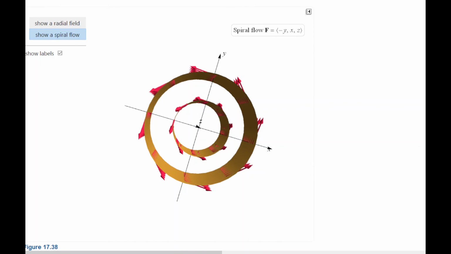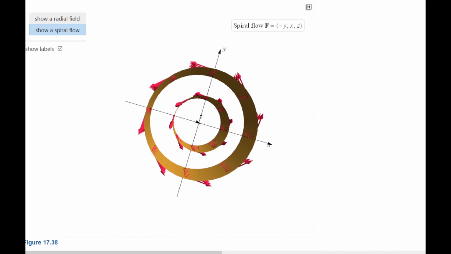The vectors were getting larger along the z-axis, and that contributed to the expansive effect. So divergence is a measure of expansiveness or expansion and contraction, sources and sinks, whereas curl is a measure of the twistiness of a field, the rotation. That's where your intuition should take you with regards to curl and divergence.